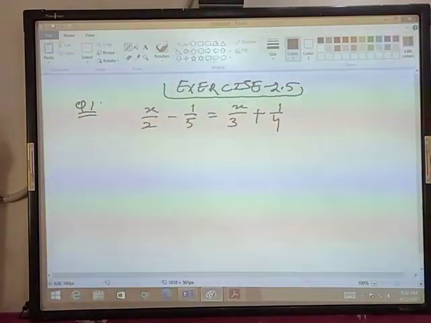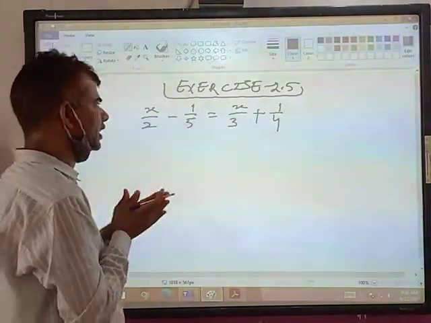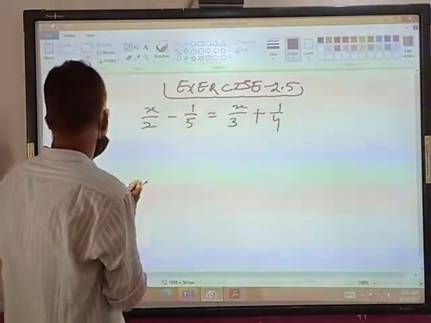Students, x by 2 minus 1 by 5 is equal to x by 3 plus 1 by 4. We have to find out the value of x.